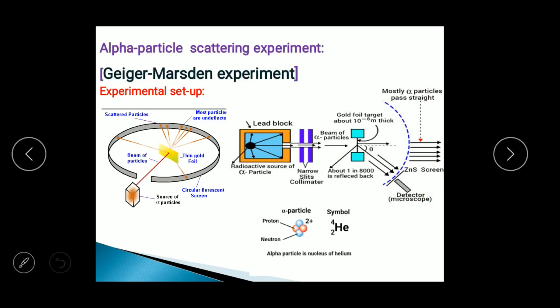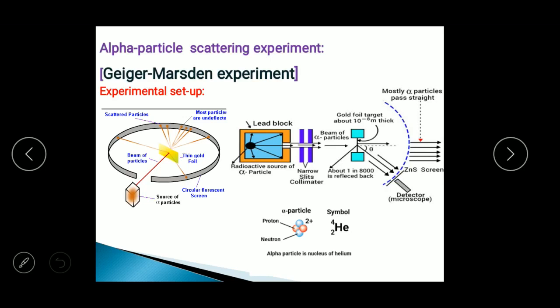So this is the experimental setup used by Rutherford and his associates, right? The experimental setup consists of a narrow beam of alpha particles from the radioactive source, which are incident on a circular screen coated with zinc sulfide after passing through the gold foil.